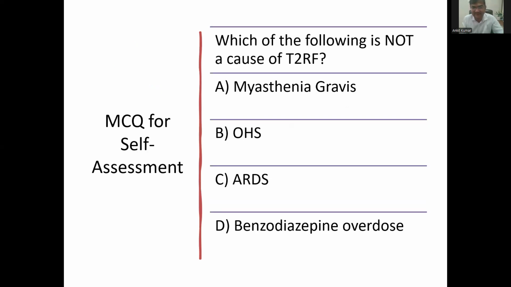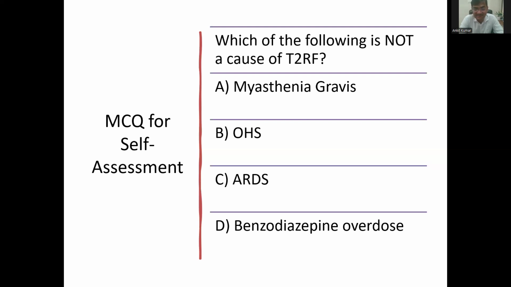Now, this is an MCQ for all students. Which of the following does not cause type 2 respiratory failure? This MCQ is for your self-assessment. Check what you got from my lecture. The options of this question are myasthenia gravis, OHS, ARDS, and the last one is benzodiazepine overdose.